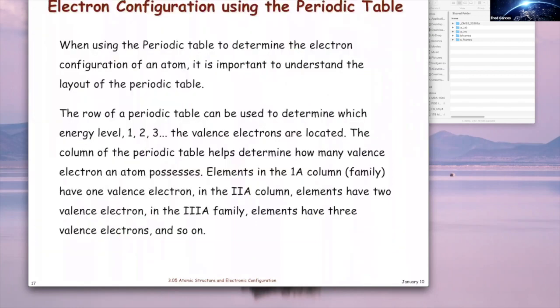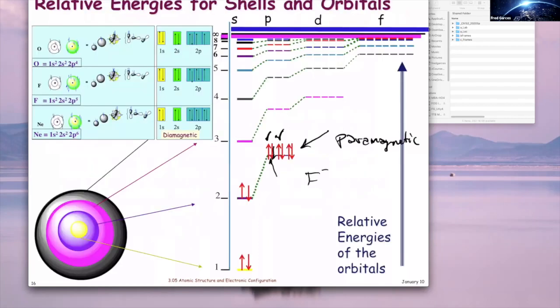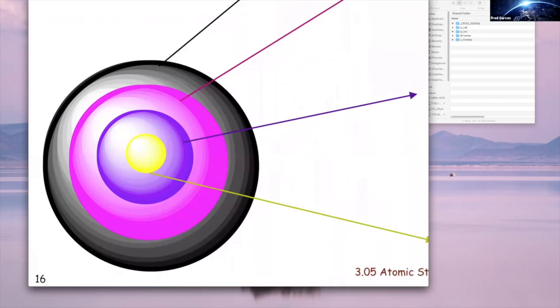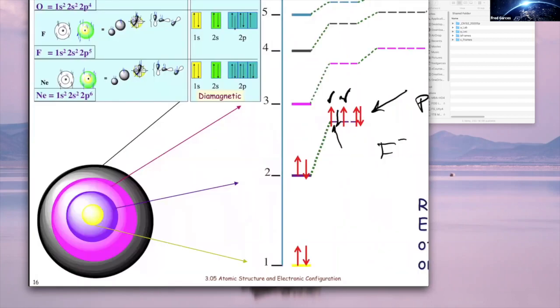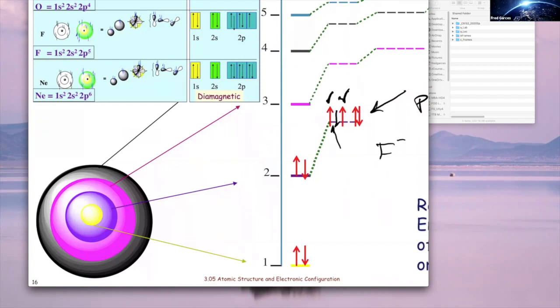Okay, so all that is nice and all that is good, but when it comes down to it, the best way to do electron configuration is not through this diagram or through these mnemonic devices that I gave you, but through the periodic table.